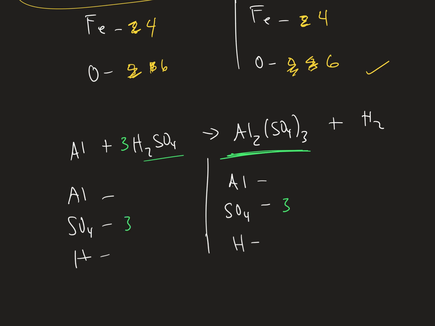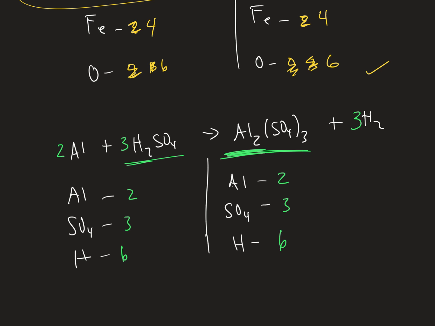Okay, since we just changed that, maybe we could just start with hydrogen next. We have 6 hydrogen on the right, so I need to put a 3 right there so that I have 6. Okay, everything's good. Now do the aluminum. We have 2 on the right, so I need to add a 2 right there so that I have 2 on the left.